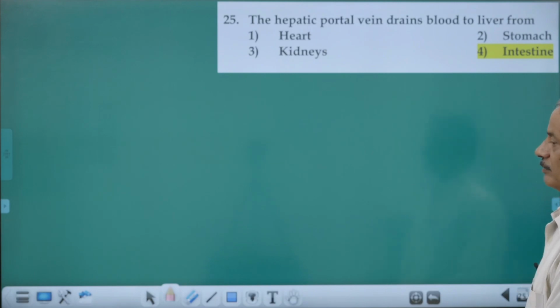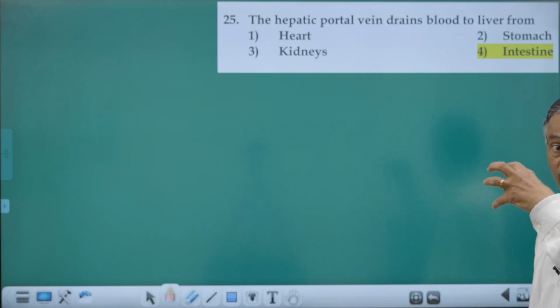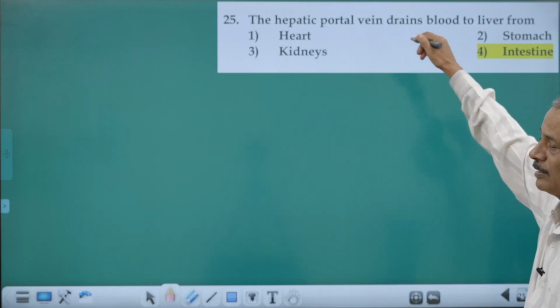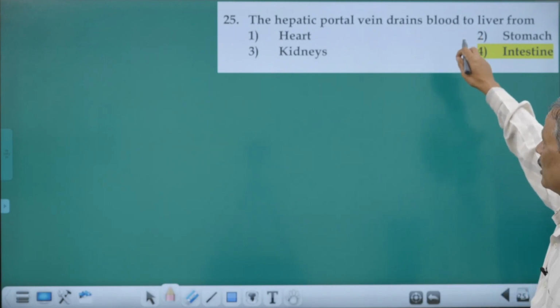Hepatic portal vein. What is a portal vein? A portal vein begins in capillaries and ends in capillaries. From the small intestine, all the digested materials are absorbed and carried to the liver. They end up in the liver. That is why it is called portal.